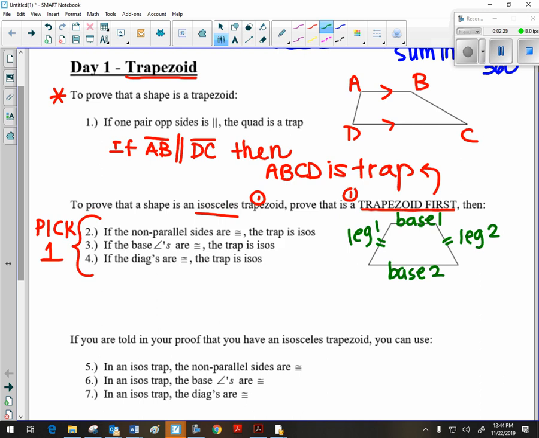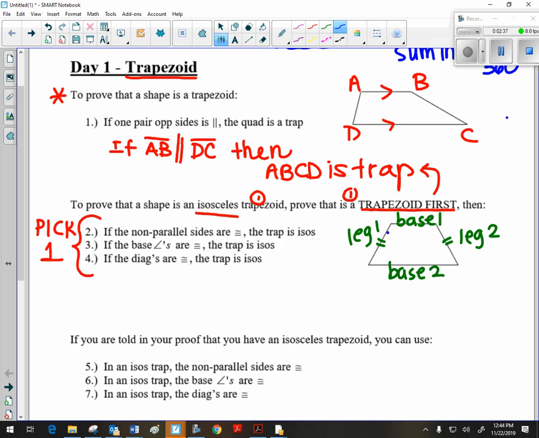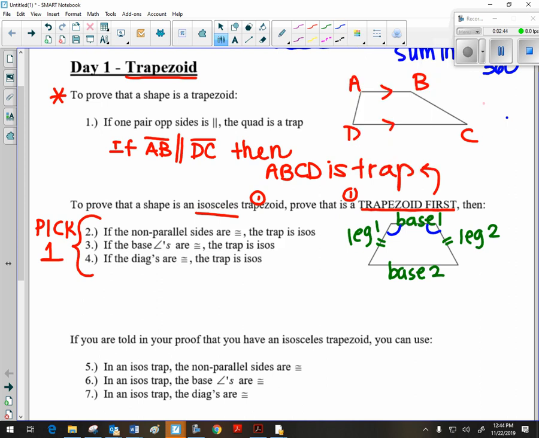And then there are base angles. Here we have 2 sets of them, because we have base 1 on top with a pair of base angles sitting on it, and base 2 on the bottom with a pair of base angles sitting on it. We want to consider them as base angle pairs. The blue ones are a pair and the pink ones are a pair.